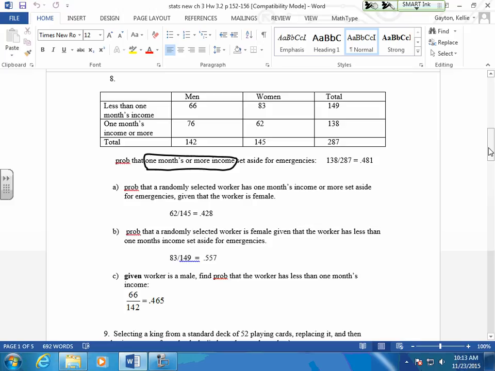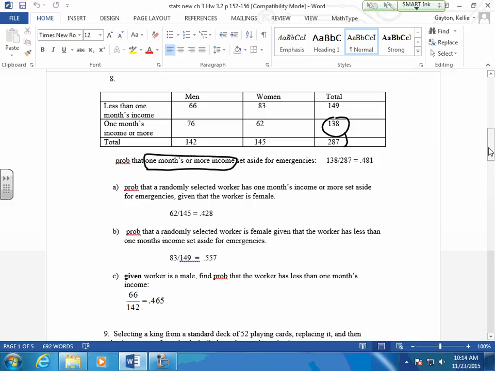So where am I 1 month or more? In this row, out of this total. I didn't say given a male, given a female. There was no given here. Was that on your sheet or did I add it there? I might have added it there, because sometimes we do all these givens, but you don't take it right off your charts to begin with.